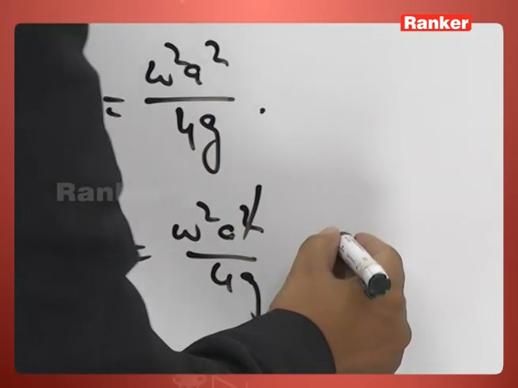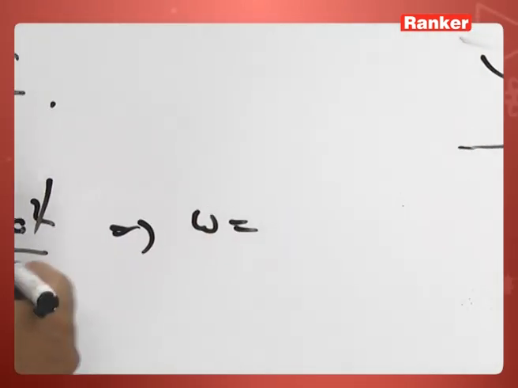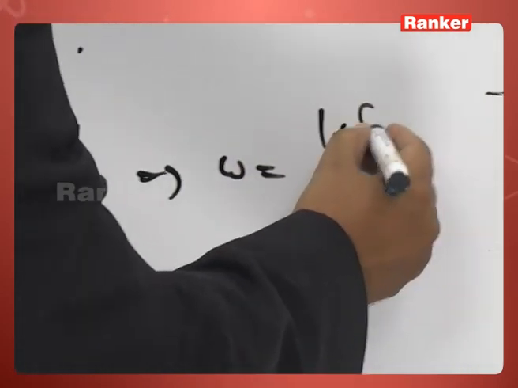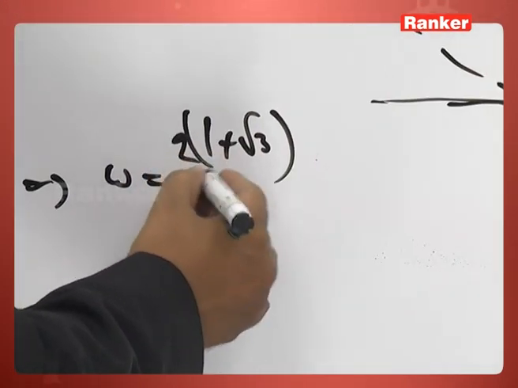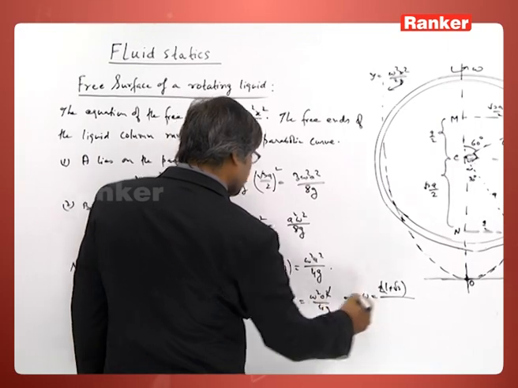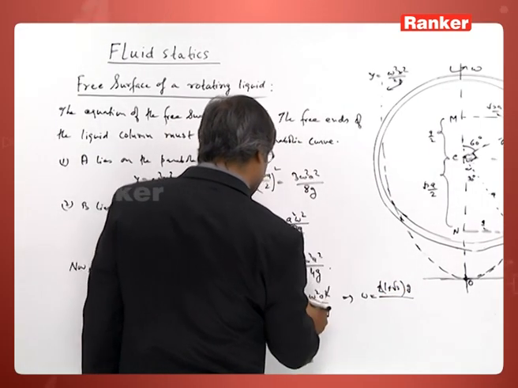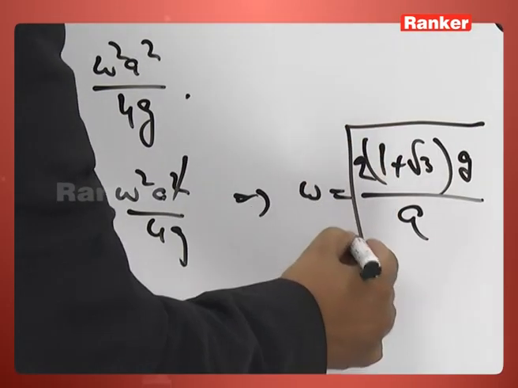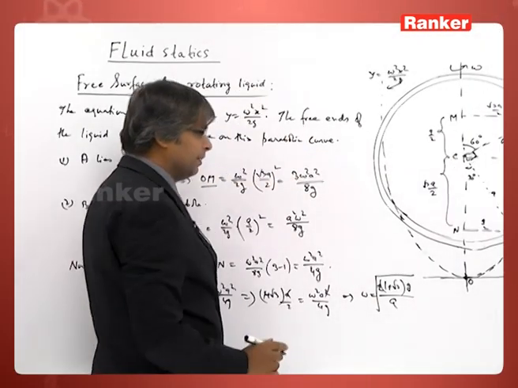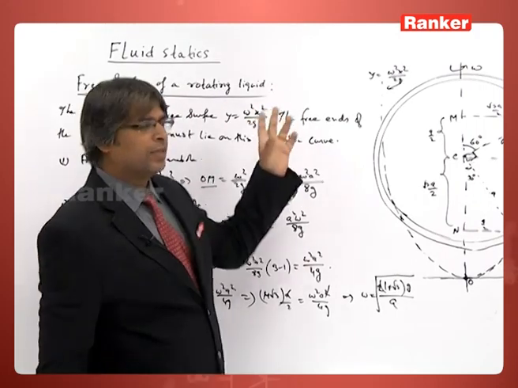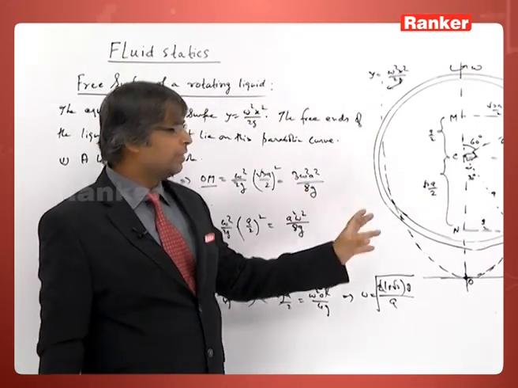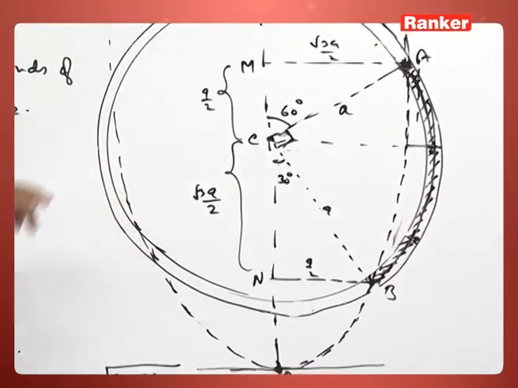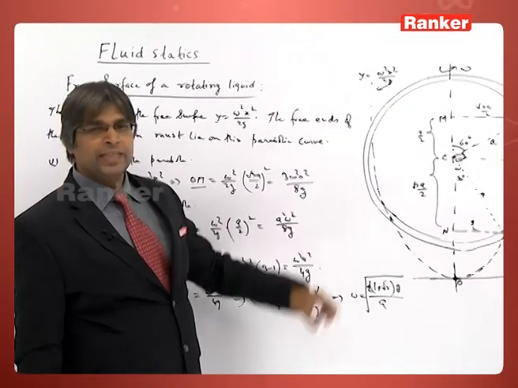A cancels, and 2 cancels, implies omega is equal to the square root of 2 times 1 plus root 3 times g by a. Thus we see how we have used the concept of the free surface of a liquid to determine the new position of the rotating liquid column.